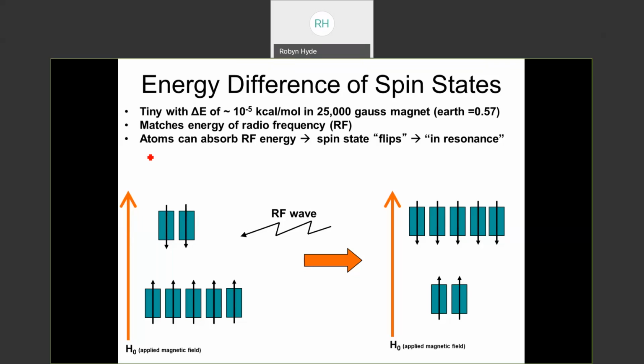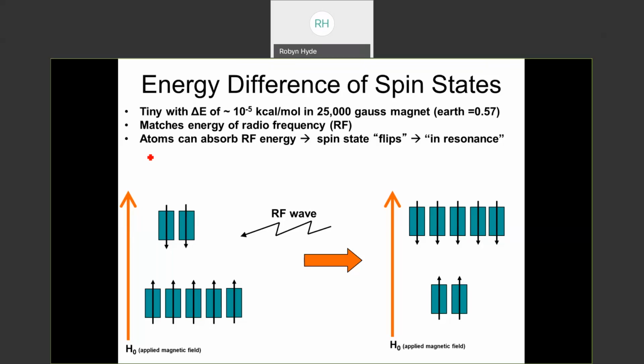So they had to change the name of the instrument to magnetic resonance imaging. They took out the N and just kept the MR, and then added I for the imaging. So magnetic resonance imaging is now what we do.